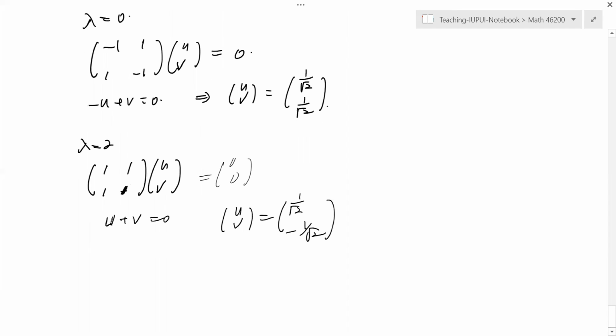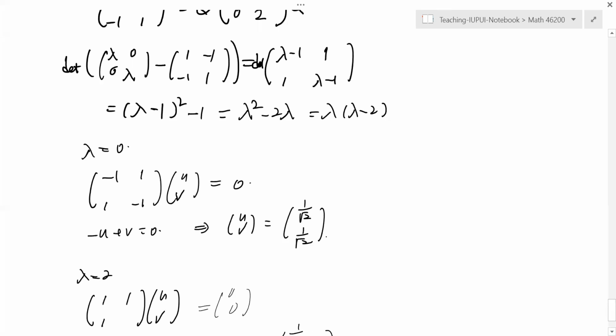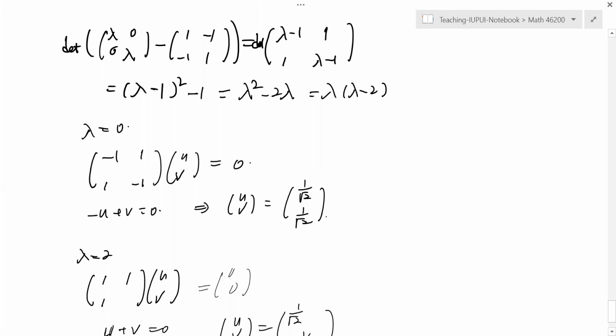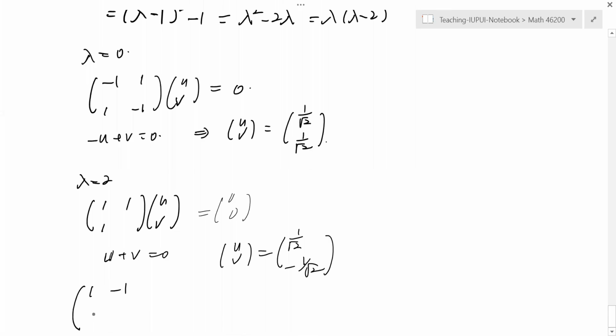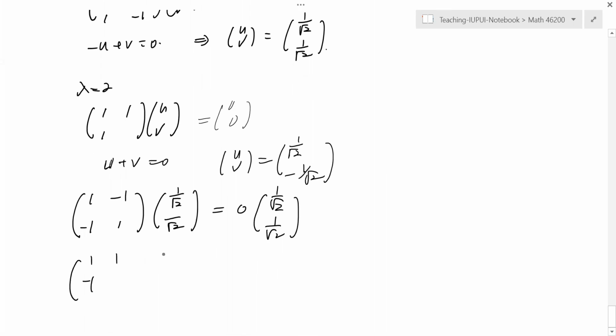Right. So now you have two vectors. This is one, negative one, one, acting on those two. This is going to be 0. It's eigenvector. And the other one is negative, and that is going to be 2.